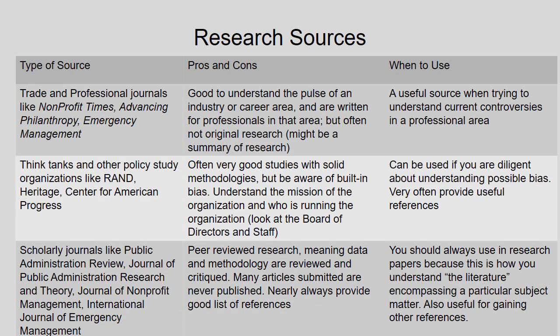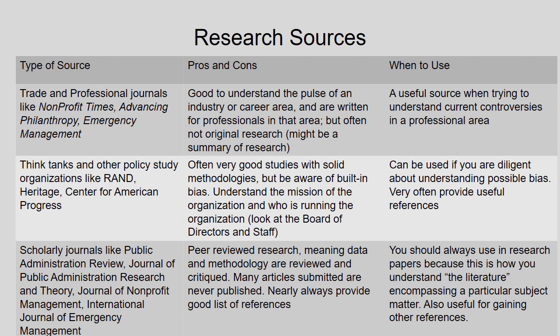And then we move on to things like trade and professional journals. So things like Nonprofit Times, Advancing Philanthropy, Emergency Management. These are good to understand the pulse really of a profession. What you have to understand about the articles that trade journals typically publish is that sometimes they consolidate a lot of different things.